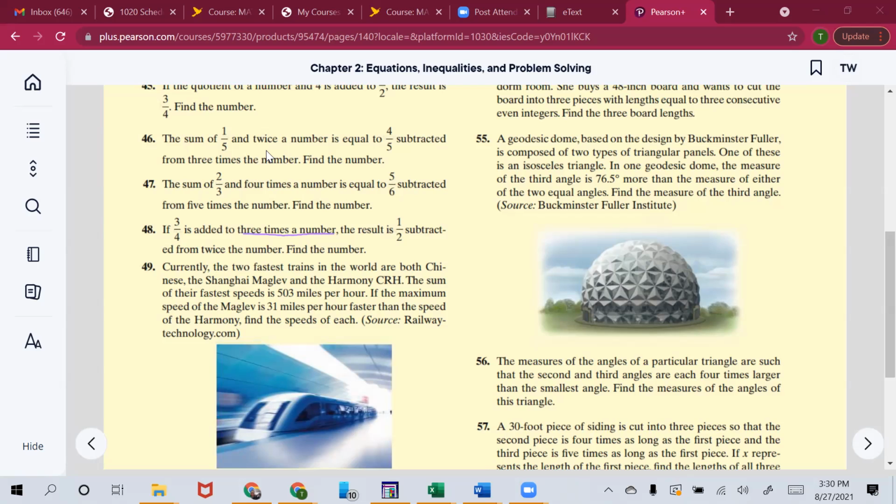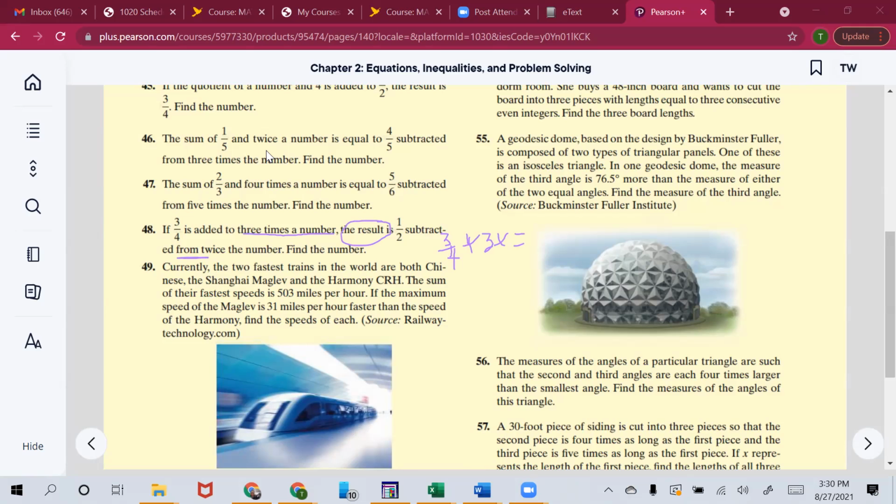So 3 times the number is 3x. And if 3/4 is added to that, this must be 3/4 plus 3x. Okay, cool. The result is, now result is means equal.